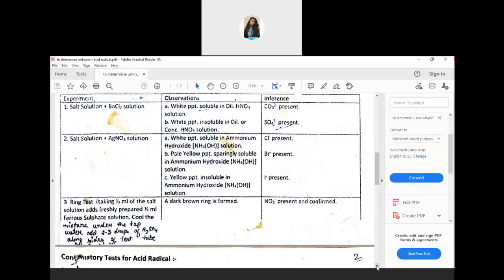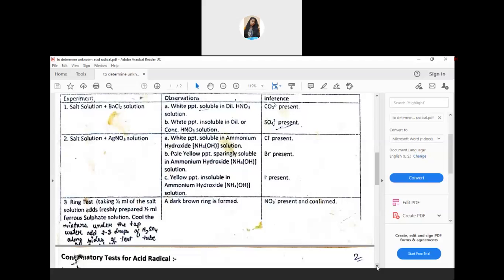After doing this, you can see a dark brown ring is formed. If you find a dark brown ring forming, that means nitrite ion is confirmed. Got it? If you cannot see the dark brown ring, that means nitrite is absent.